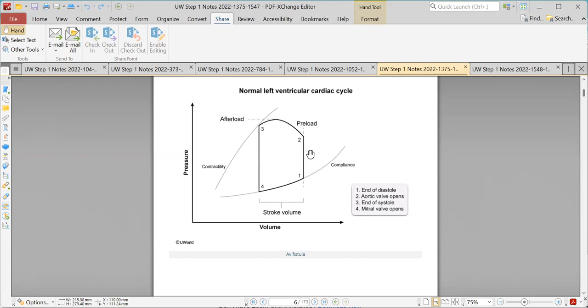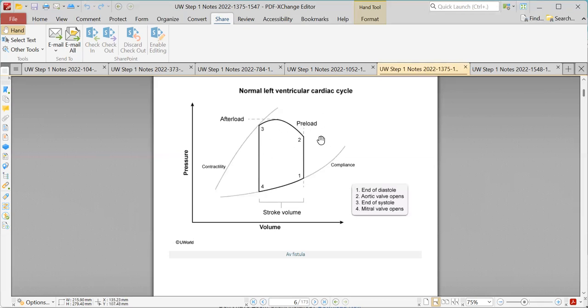Okay, and the next is aortic regurgitation. So what is happening in aortic regurgitation? There's a lot of volume overload. In aortic regurgitation, the pulse is really high, a voluminous pulse. Here what happens is an increase in the preload. When we have an increase in the preload, we will have an increase in the stroke volume also. They are directly proportional, preload and stroke volume.